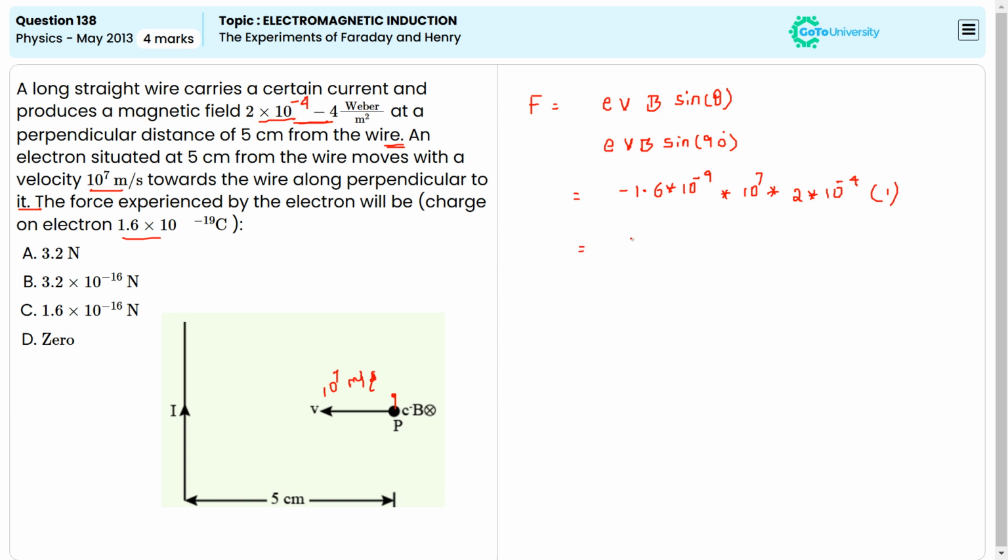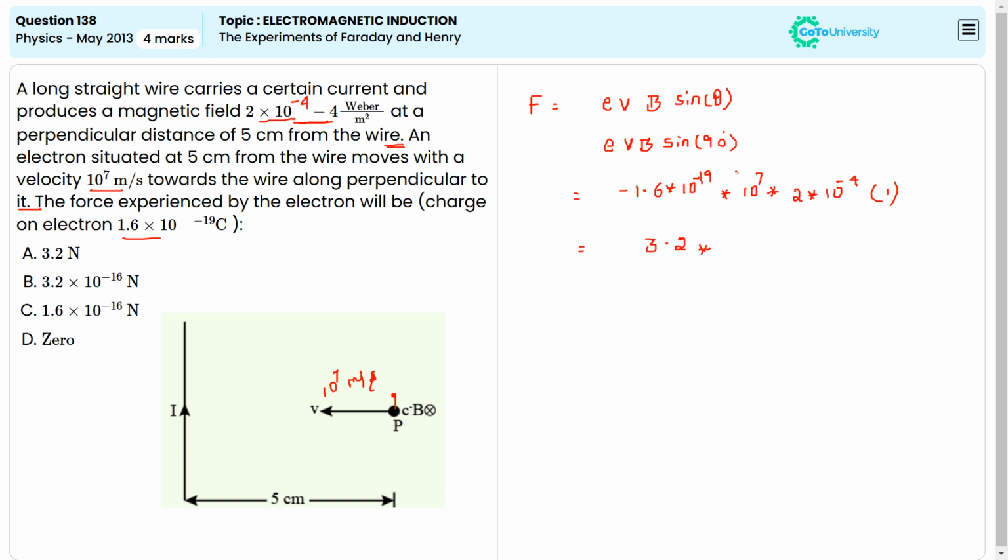If we simplify this, 1.6 into 2 is equal to 3.2 times 10^-19 and 10^-4, which is 10^-23.